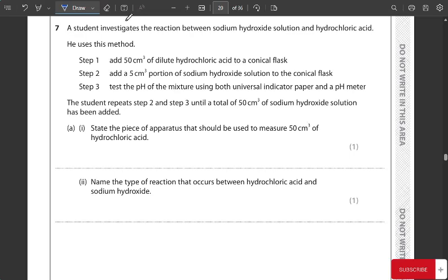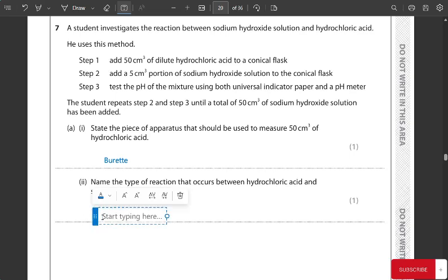Usually, for measuring the hydrochloric acid, we use a burette. And the second one: name the type of reaction that occurs between hydrochloric acid and sodium hydroxide.